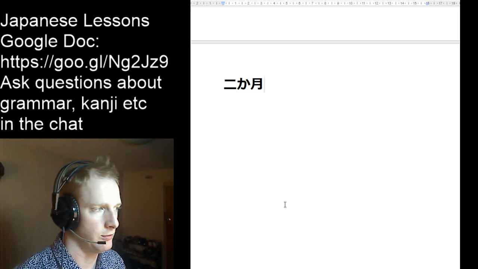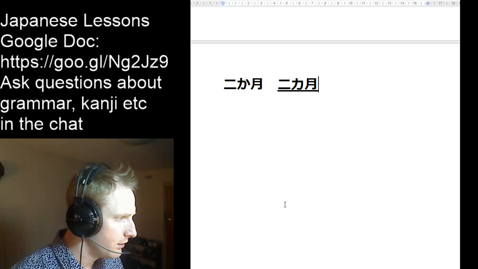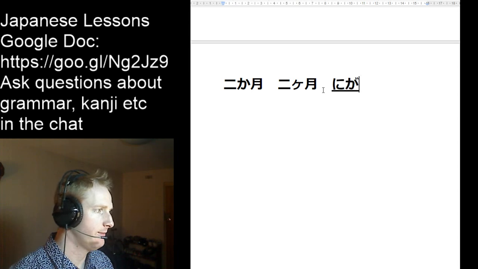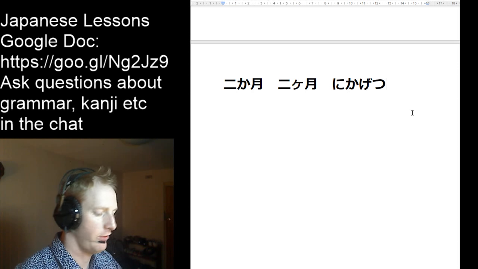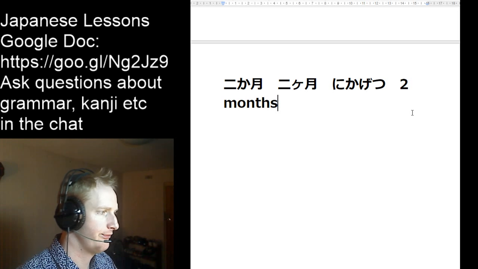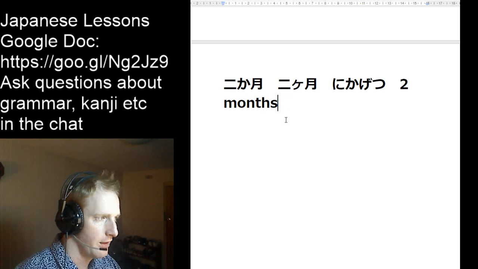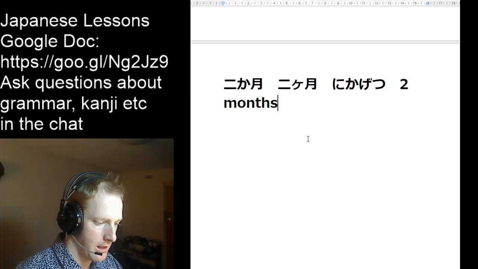Okay, so we'll write it like this, but we could also write it like this. Okay, both of these are the same thing. How would we actually read them? Nikagetsu. Okay, so this is 2 months, like it's a span of months, right? Nikagetsu. So we can do that for everything. Sankagetsu. All right, we just keep going.